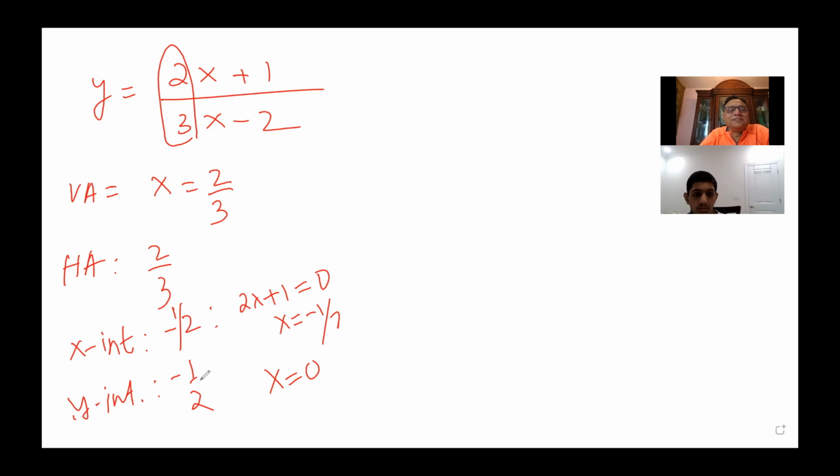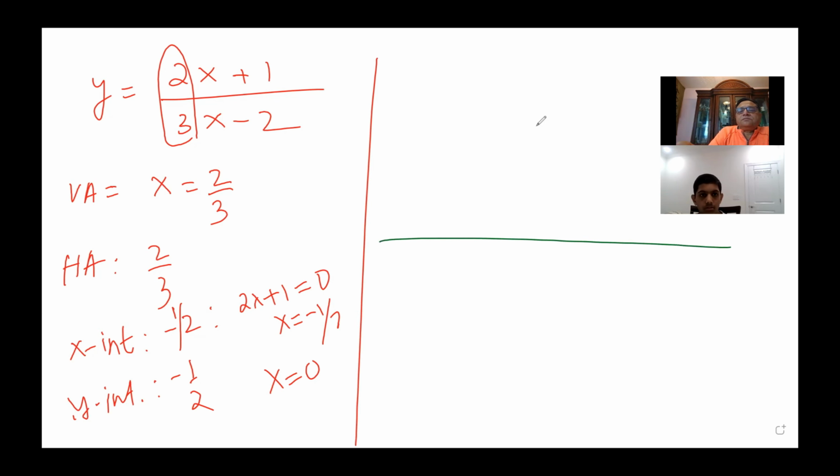Perfect. So we got all these values. So now we can sketch our function. We have a vertical asymptote at 2 over 3, slightly less than 1. Horizontal asymptote also 2 over 3, right?